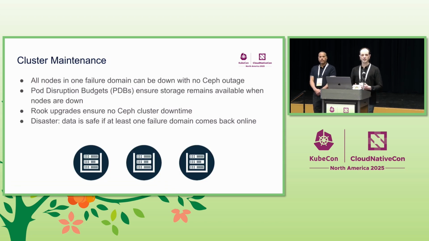We also get asked a lot about cluster maintenance. Day 2 operations are just a given for storage. So all of your nodes in one failure domain can be down, and there's no Ceph cluster outage. We also try to manage pod disruption budgets, and these help so that if something is down, Rook isn't going to be attempting to take something else down as well.